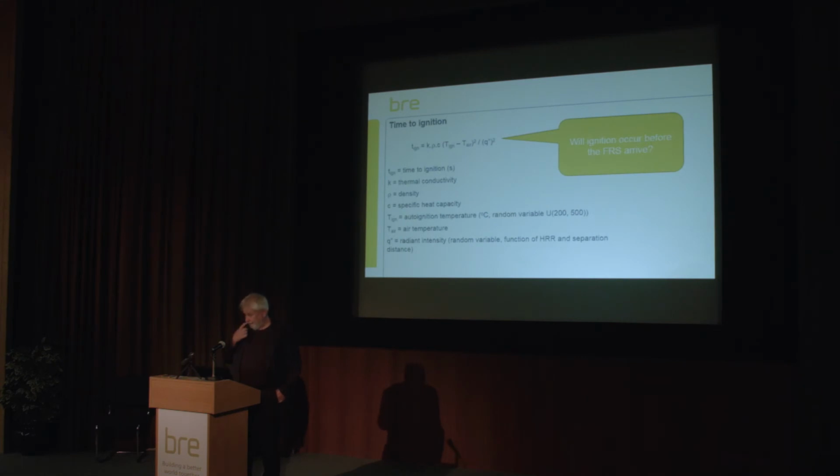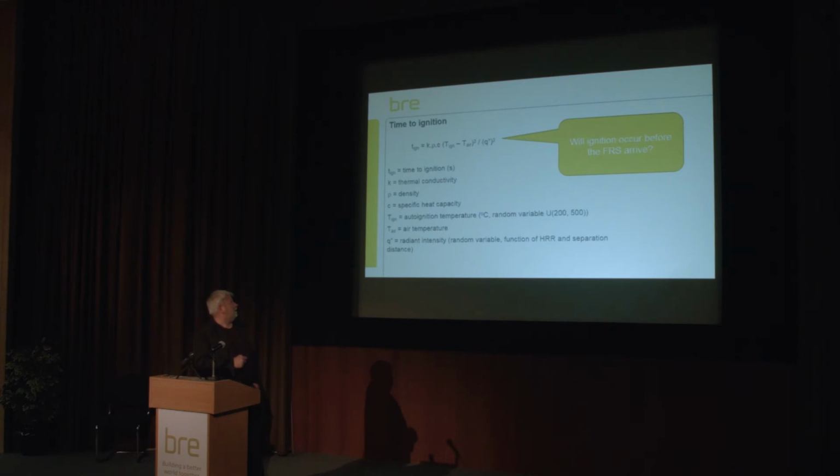And then the next piece of the jigsaw is time to ignition. So we're using this expression here, which depends on various constants which are material properties, and we actually measured these from the samples of material that we were testing.